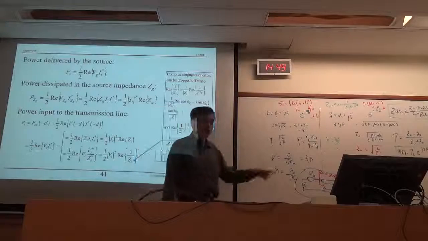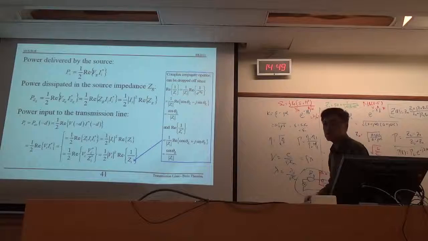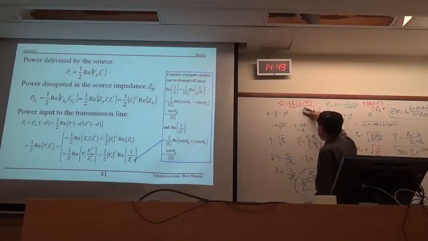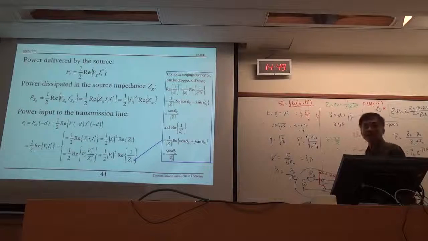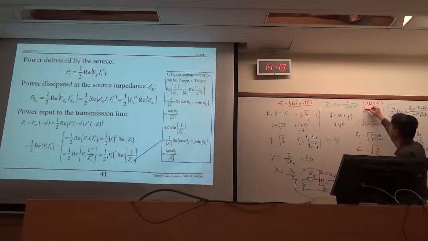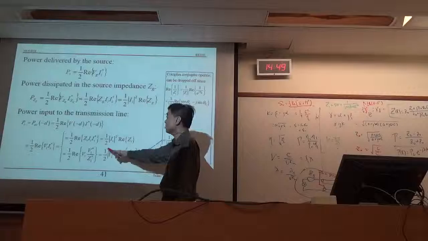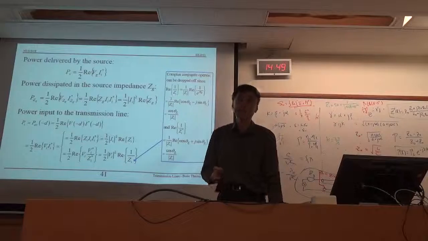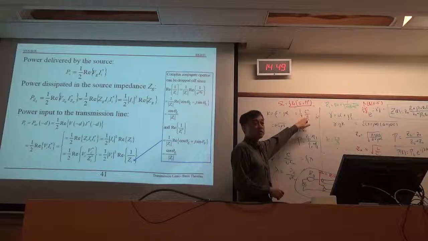And remember, from here, the similarity runs very deeply. Remember this one, we have it as half of E squared over zeta. Same thing here: we can have it as half of V squared over Z. The only difference is that in this one, because zeta is real, you can take the zeta out.